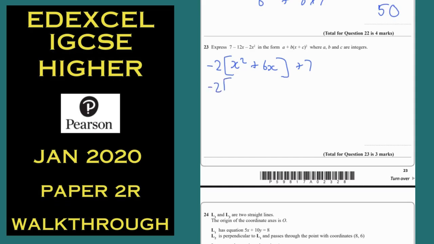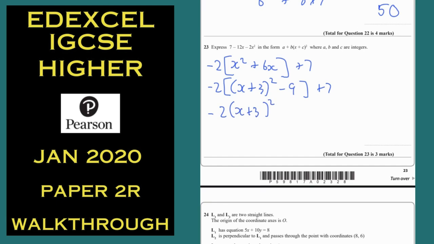We now complete the square inside the square brackets, halve the number next to x, square it and take it away. Don't forget about the 7. Expand the square brackets, so we've now got negative 2, lots of the complete the square bit.